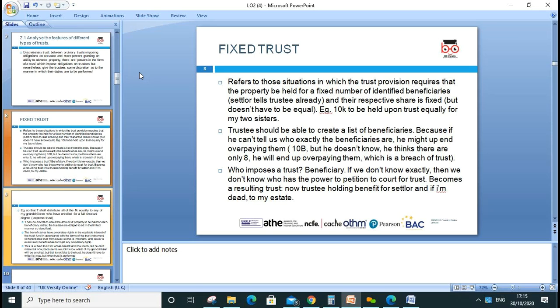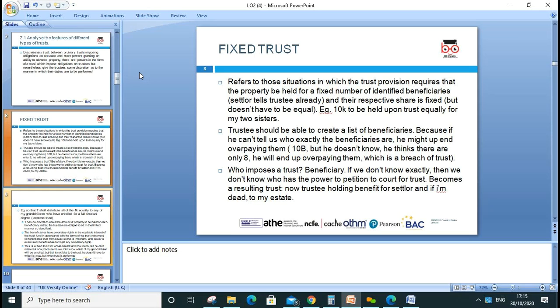The trustee should be able to create a list of the beneficiaries, because if he can't tell us whose exactly the beneficiaries are, he might end up overpaying them. He thinks there are only 8, but he doesn't know. He will end up overpaying them, which is a breach of the trust.